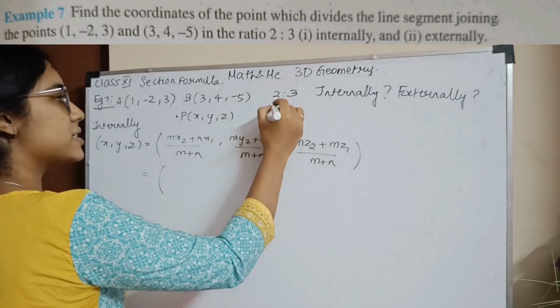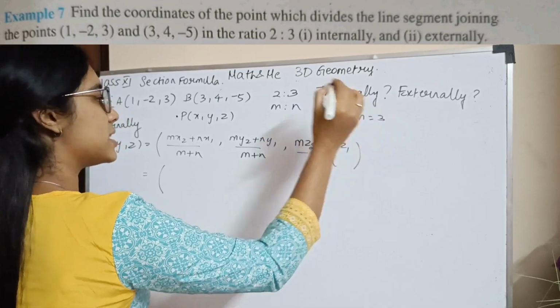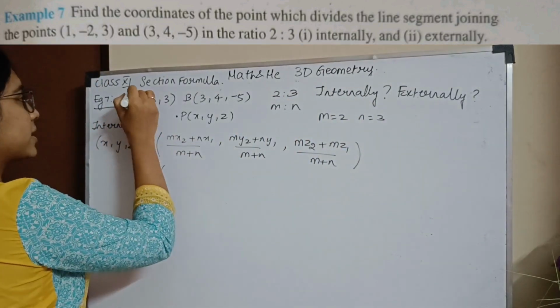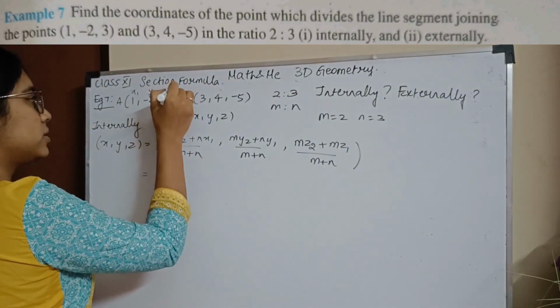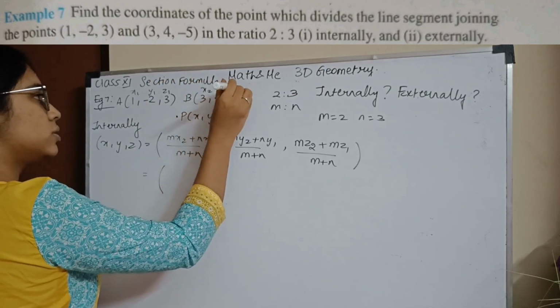What is m? The ratio is 2:3, so my m value is 2 and my n value is 3. Let me mark x1, y1, z1, x2, y2, z2.